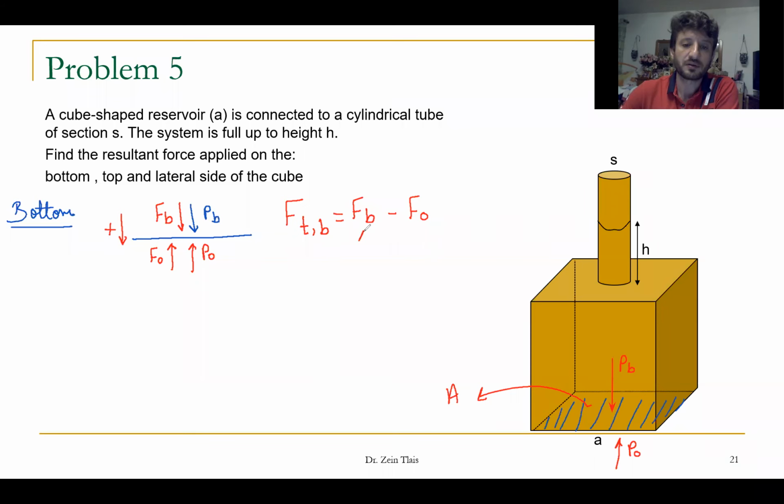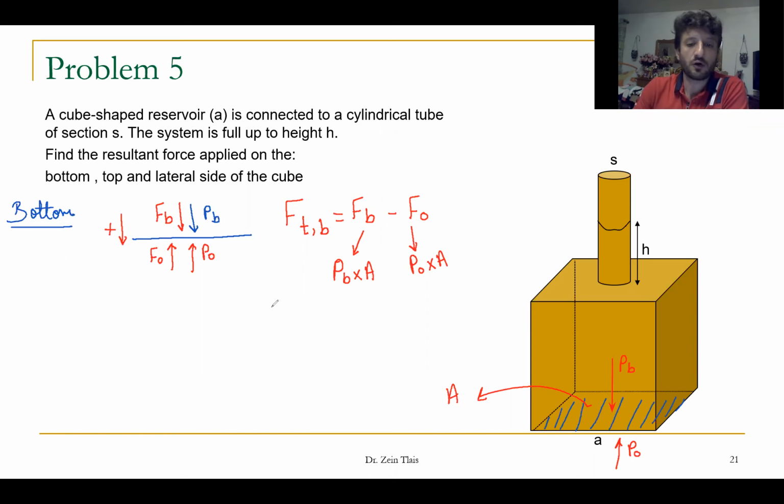FB equals P bottom times a squared, and F0 equals P0 times a squared.